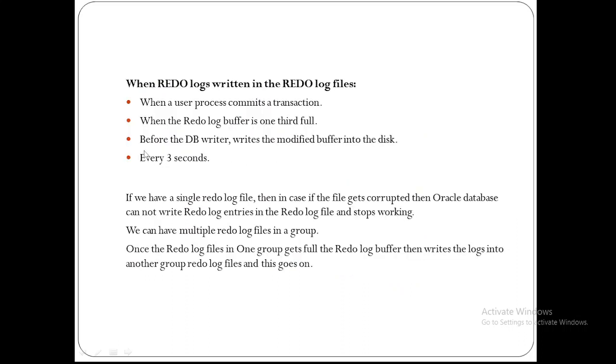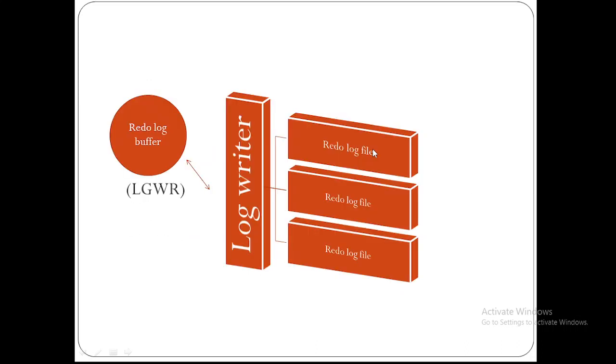Before the DB writer writes the modified buffer to the disk, we have a DB writer which writes the modified data into the disks where the data is stored, where the original data, the master data, is stored, not the redo log files. We are just managing the updates and the transactions in the redo log files.